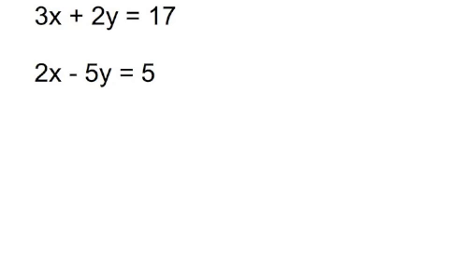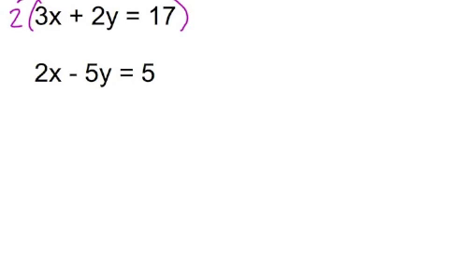Okay? What that means is we need the coefficient, the number in front of the x variable, to be the same. So what I want to do is find the lowest common multiple of these two coefficients. And the least common multiple between 3 and 2 is 6. So I'm going to take the top equation and multiply by 2.